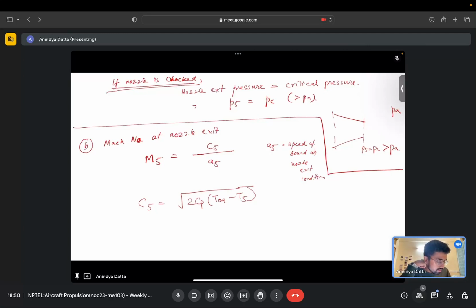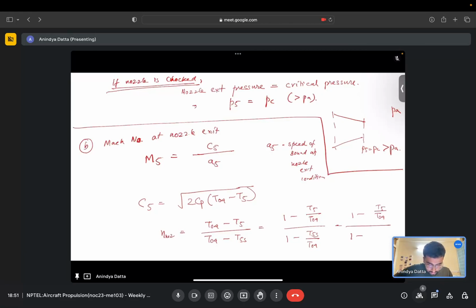So our nozzle isentropic efficiency is (T04 minus T5) divided by (T04 minus T5s), which is (1 minus T5 over T04) over (1 minus T5s over T04). This we can write in terms of the pressure ratio.